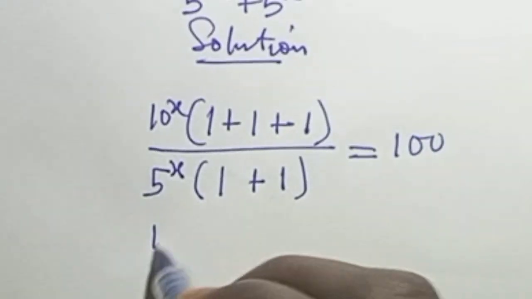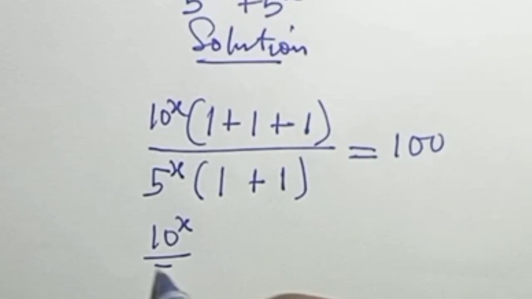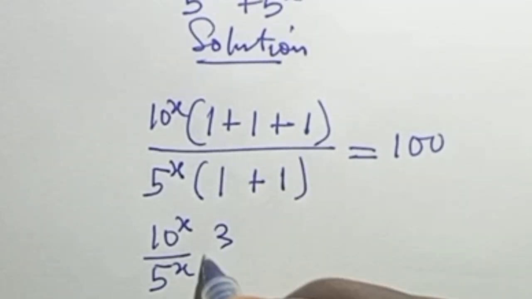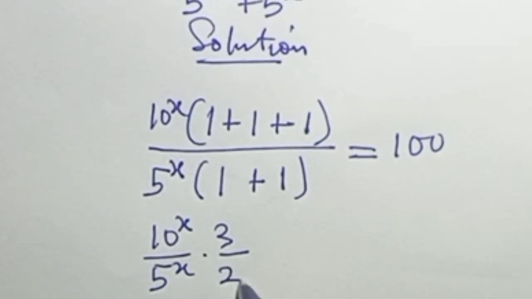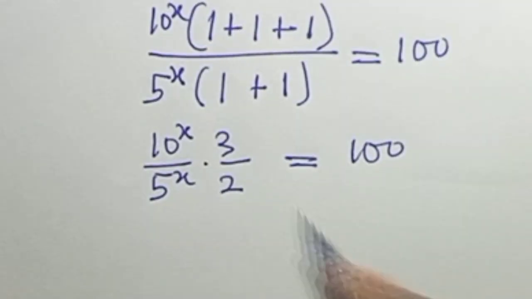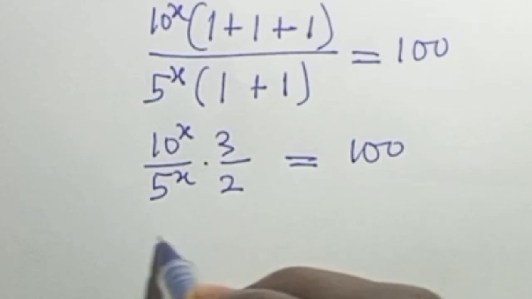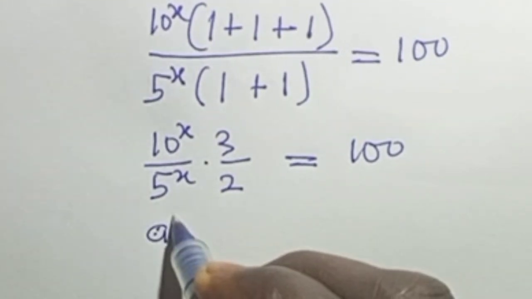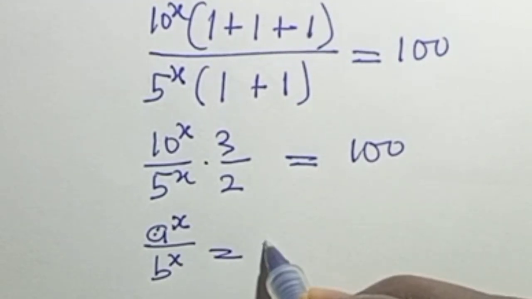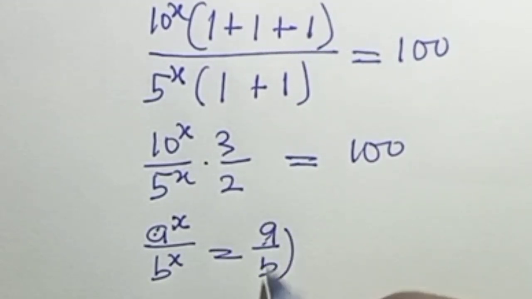And this is written as 10^x over 5^x times (1 plus 1 plus 1), that is 3 over 2, equal to 100. Remember, a^x over b^x is the same as (a over b) raised to power x.